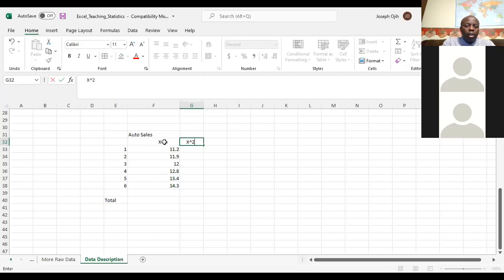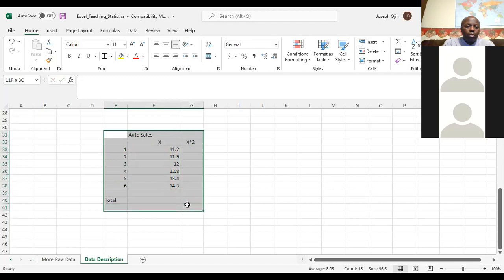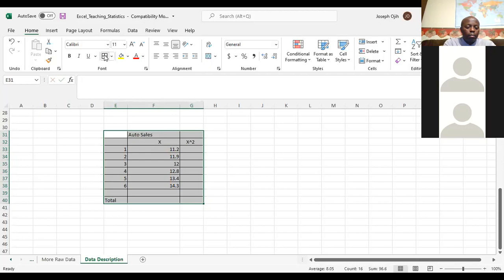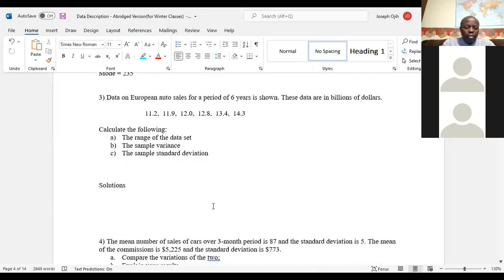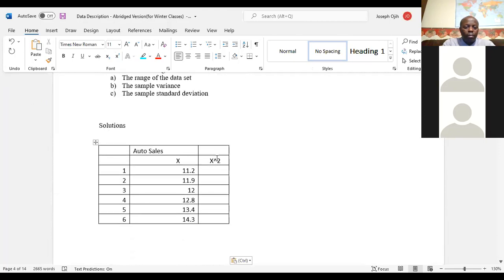Now I'm going to copy this and paste it in a workbook. Last time when I pasted it, I didn't know that I didn't share it, so you were not able to see it. But tell me if you can see this one. Can you? Yes.